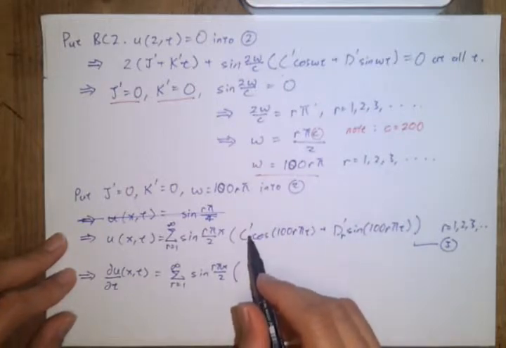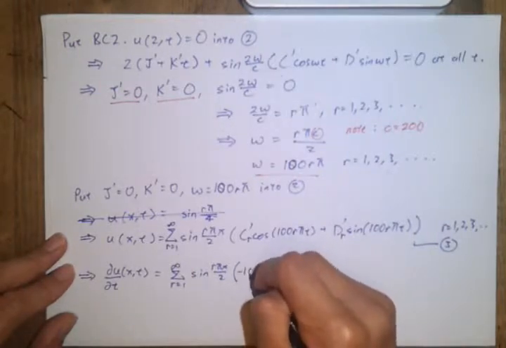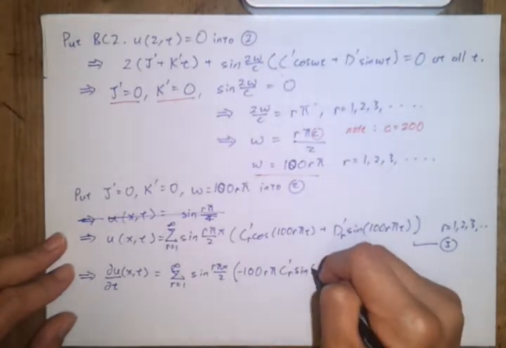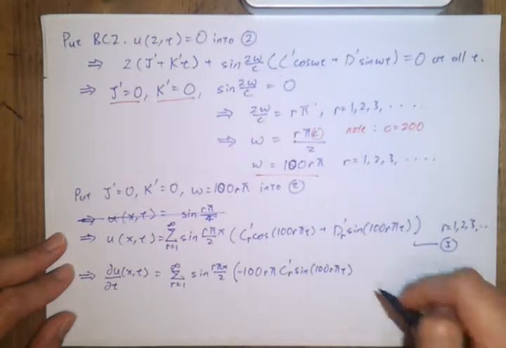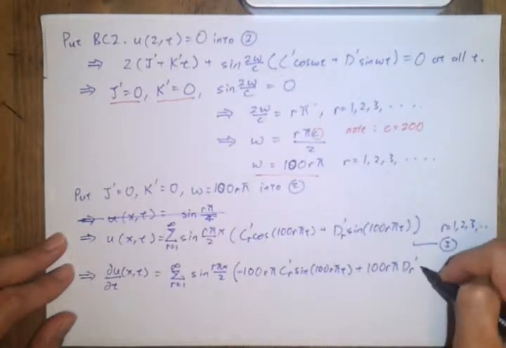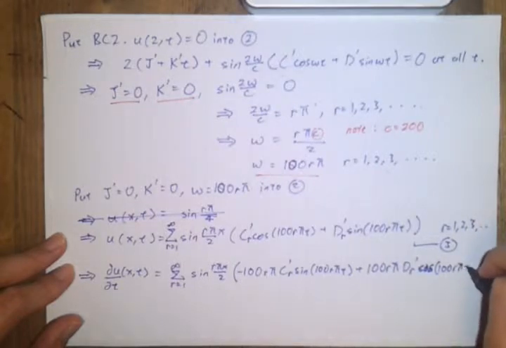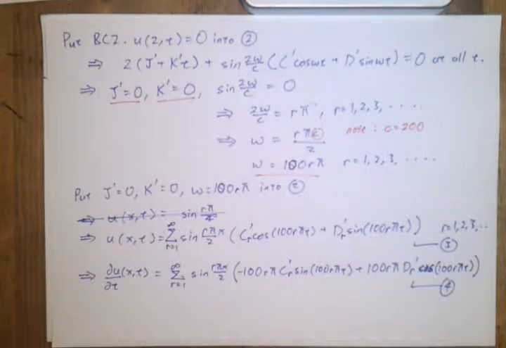When you differentiate the cos term, you get minus 100 r pi c r prime sine 100 r pi t, and when you differentiate sine, you get cosine, so it's plus 100 r pi d r prime cos 100 r pi t. There we go, so more work to be done.